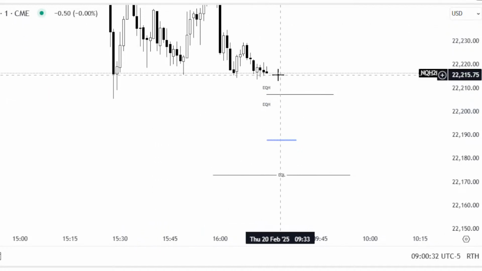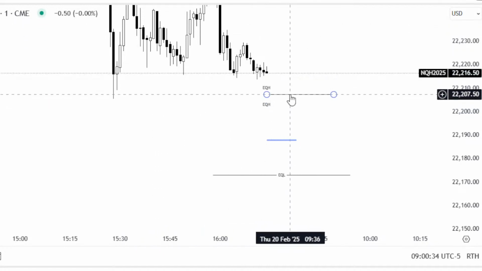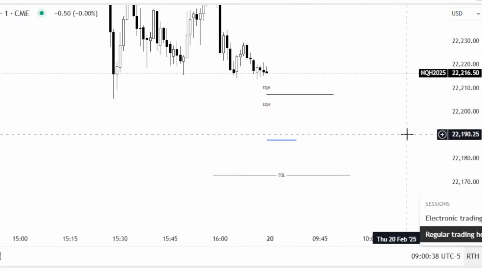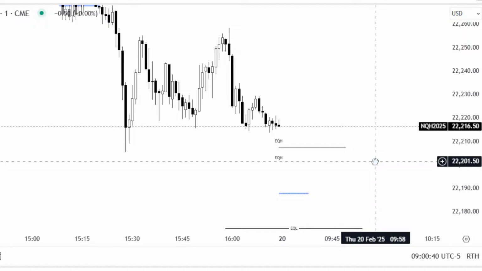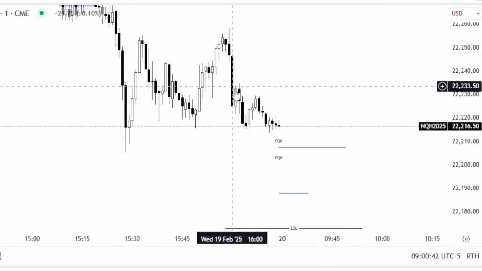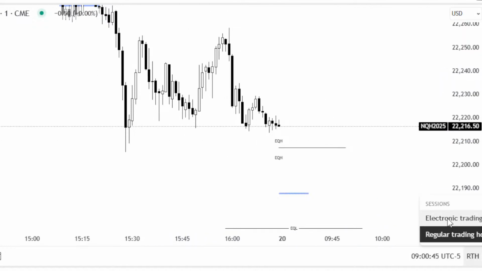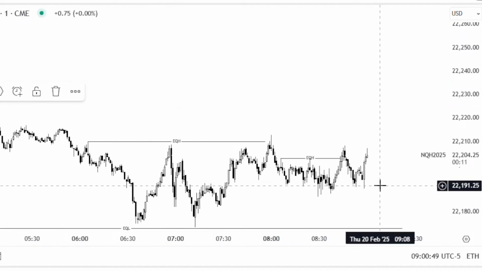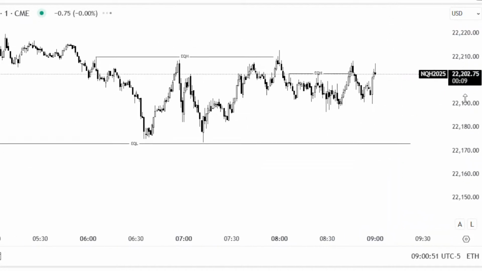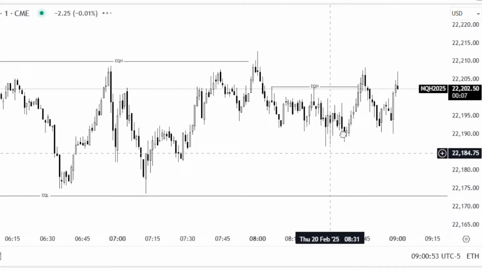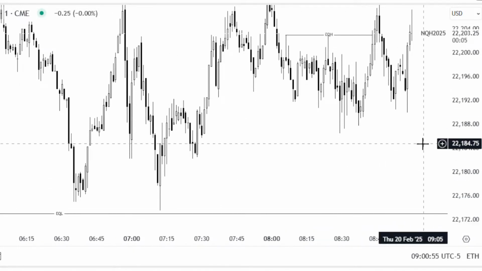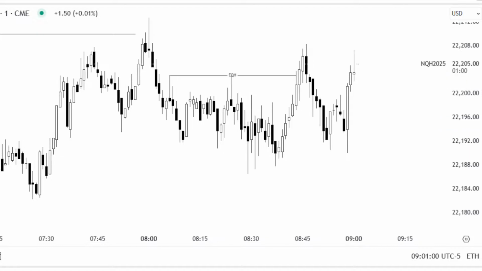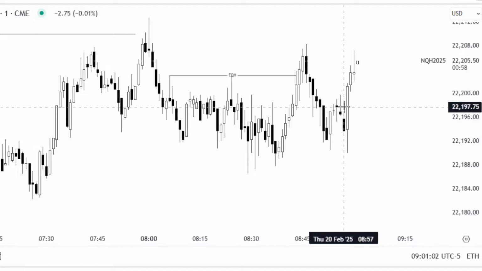So we're pretty close to where we were yesterday, and I mean there's a gap up here. Right, this is the first gap that formed now. It's this one here.